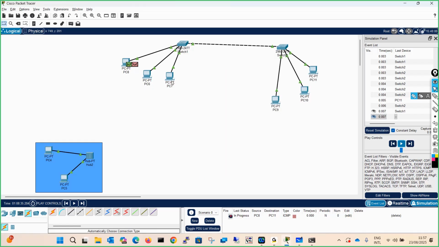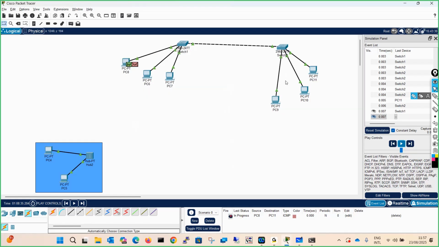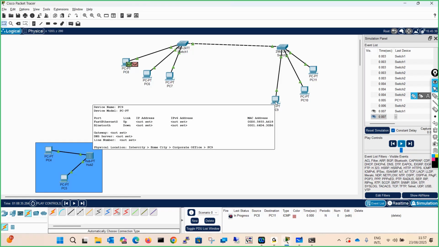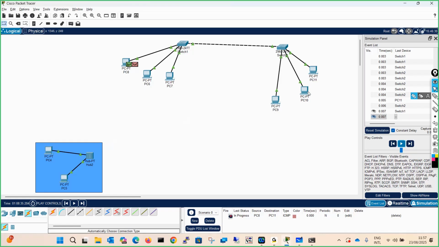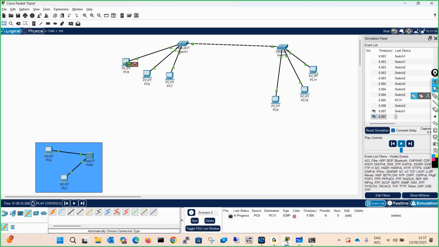PC6 discarded, PC7 discarded, and it went forward to this switch. Then this switch again broadcasted on all its ports. PC9 denied, PC10 dropped. Then PC11 says, oh, this is the destination IP, it has come for me. Then it has prepared the ARP response, or ARP reply, you can say.